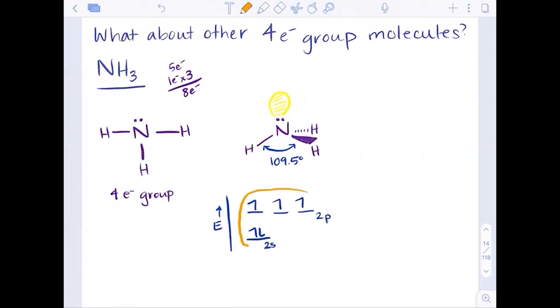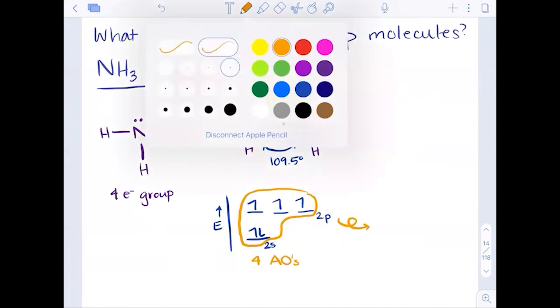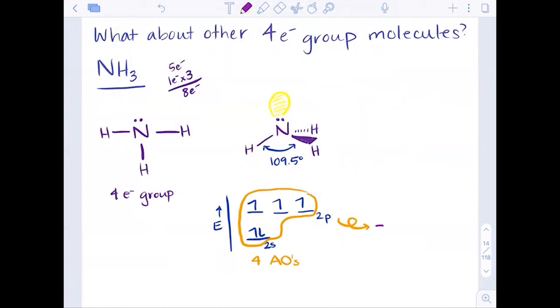We're going to take all 4 of those atomic orbitals, I'm going to abbreviate that AOs, 4 atomic orbitals. We're going to hybridize them to make now 4 degenerate orbitals. I took an s, I took 3 p's, so I call it sp3 hybridized.